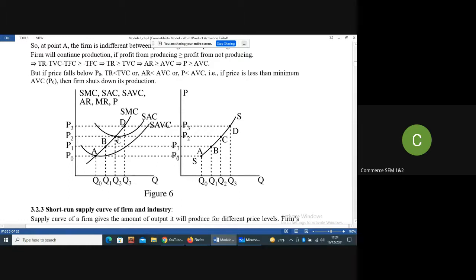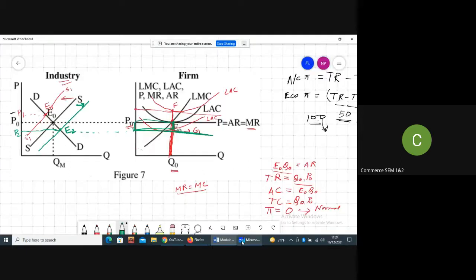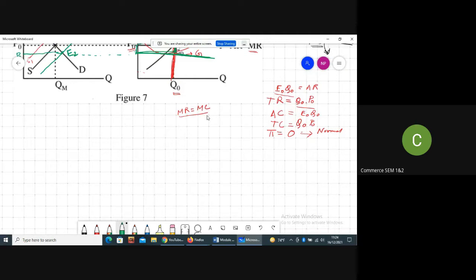So the long run supply curve will be the part of the LMC curve which lies over and above the minimum point of the LAC curve. If you draw a curve like this, say this is the LAC curve, and say this is the LMC curve.